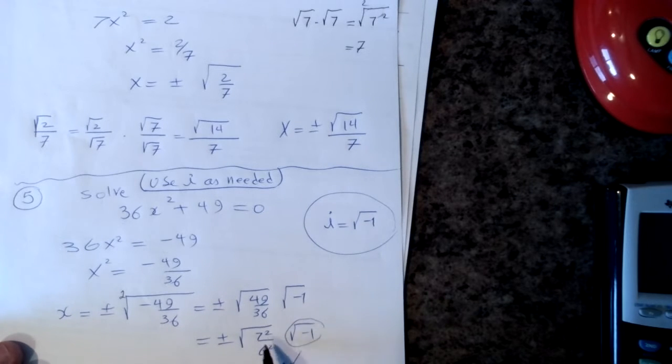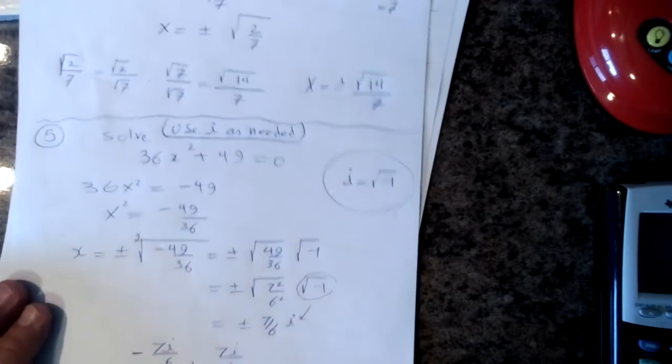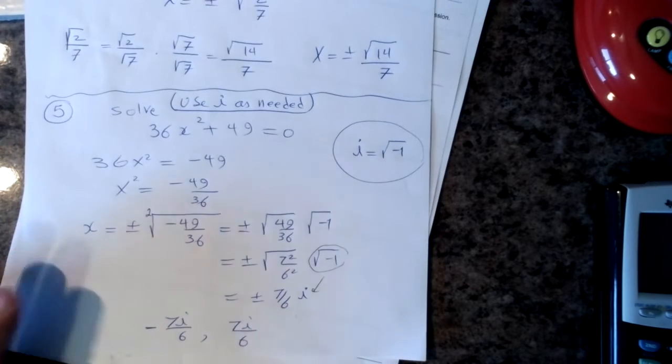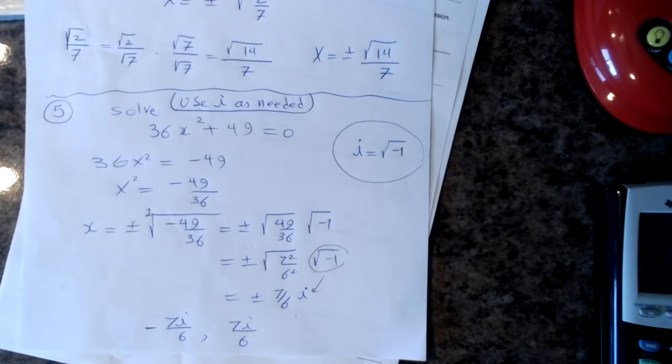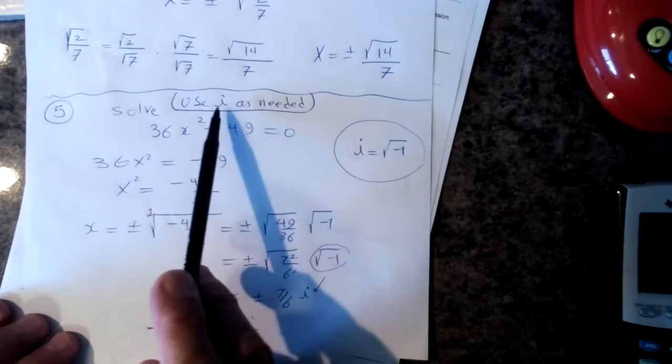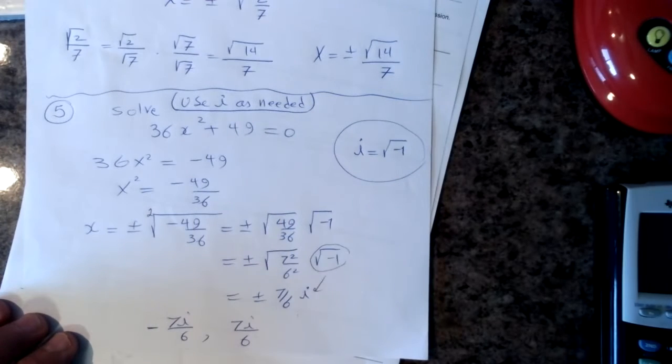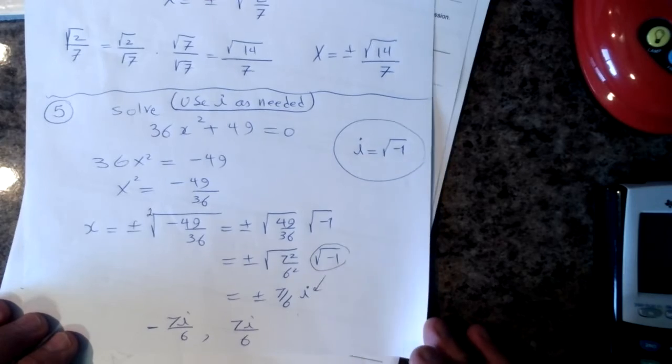And the other one, you could just remove. So you have two answers. That's why the problem said use i as needed. It means if you come up with a negative number under the radical, you don't have a real answer, but you do have a complex number. So this takes care of the first 5 problems in this section.